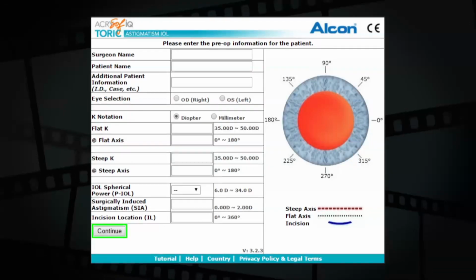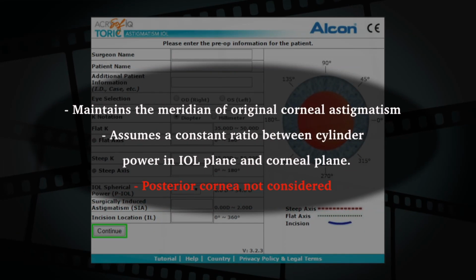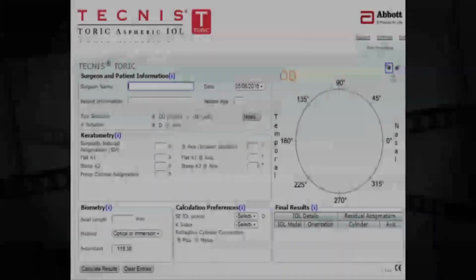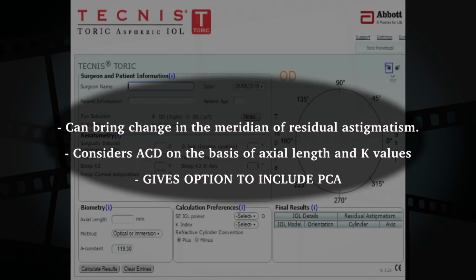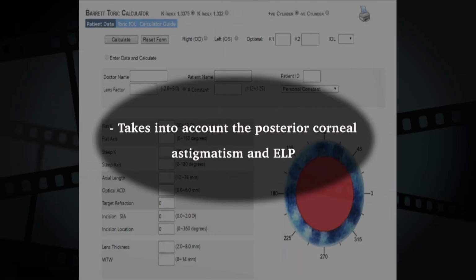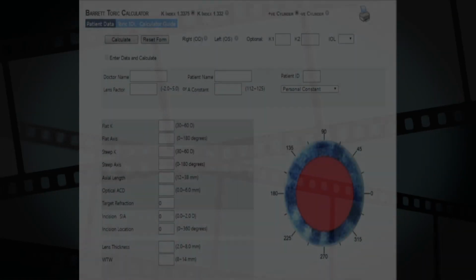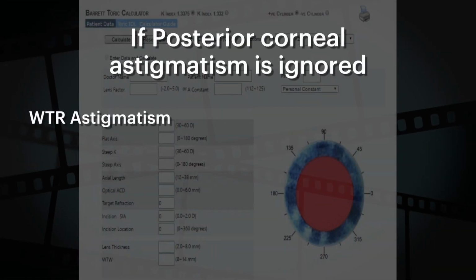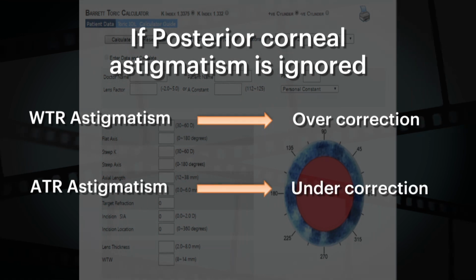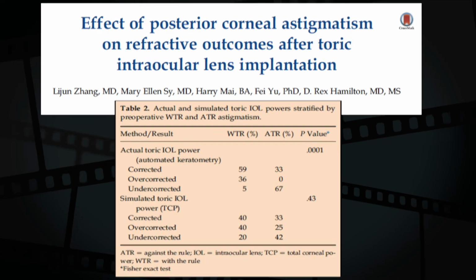Till recently, the online calculators assumed a constant ratio, but with the advent of Baylor's nomogram, which took into account the posterior corneal astigmatism and final effective lens position, posterior corneal astigmatism is now included in many of the online calculators for toric IOL planning. If posterior corneal astigmatism is ignored, it can lead to overcorrection in with the rule astigmatism and undercorrection in against the rule astigmatism.